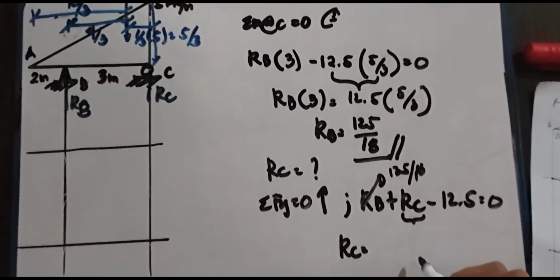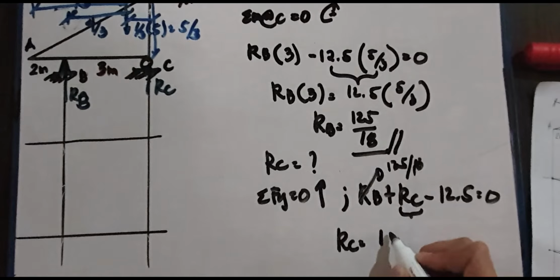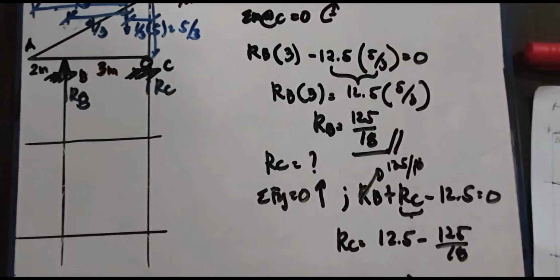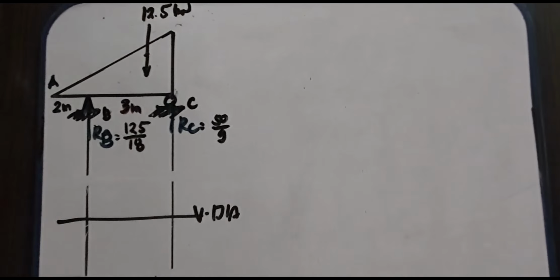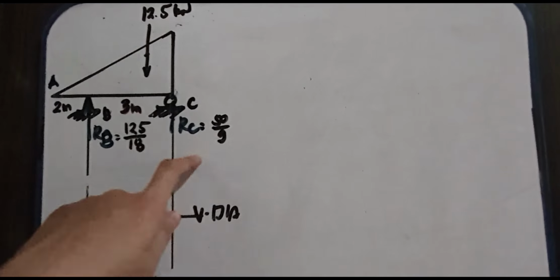RC is equivalent to 12.5 minus 125 all over 18. So, RC is equivalent to 50 all over 9 kilonewton. Okay, so we have found the reactions. RB is 125 all over 18 and RC is 50 all over 9.